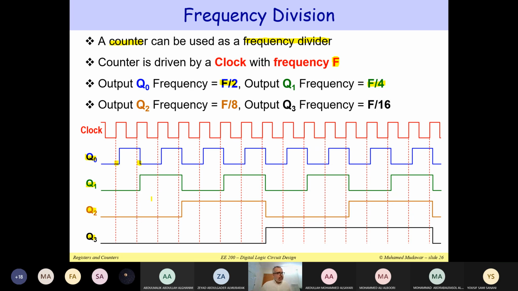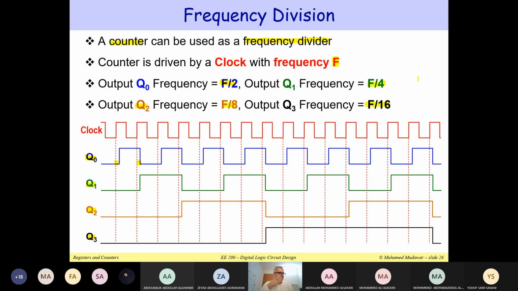It takes 4 cycles of the clock to have 1 cycle of Q1. For Q2, it takes 8 cycles of the clock to have 1 cycle, so the frequency of Q2 is f over 8. And finally, for Q3, the frequency is f over 16. It makes 1 cycle every 16 cycles of the clock. So we can use the counter as a frequency divider.